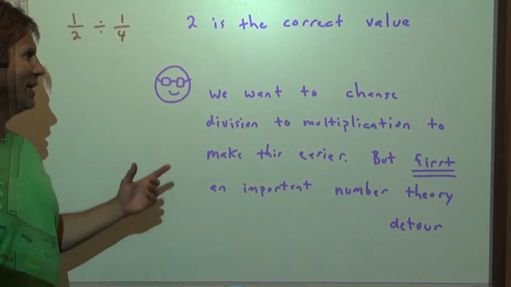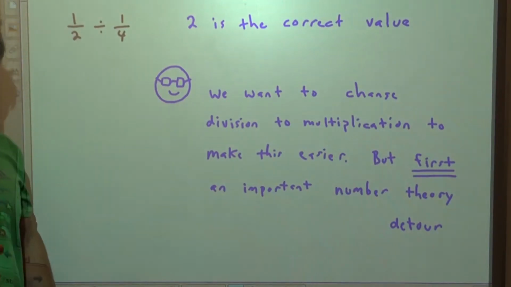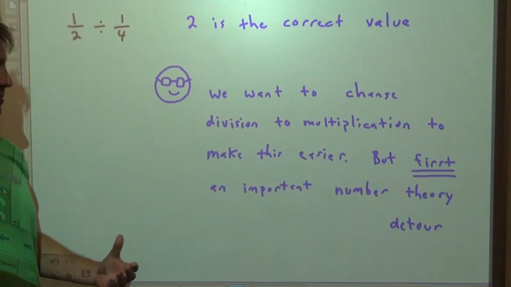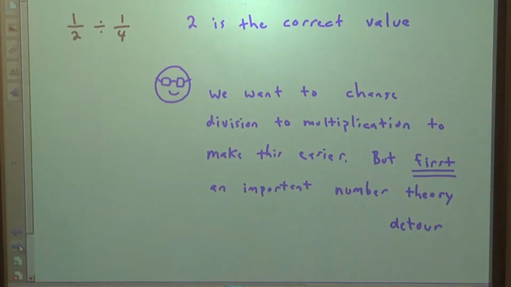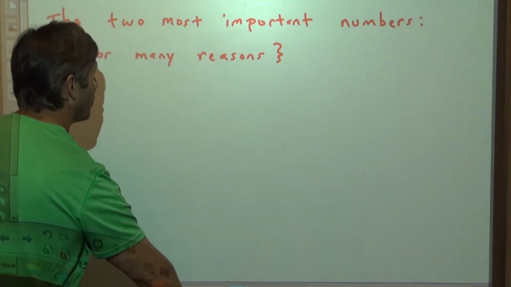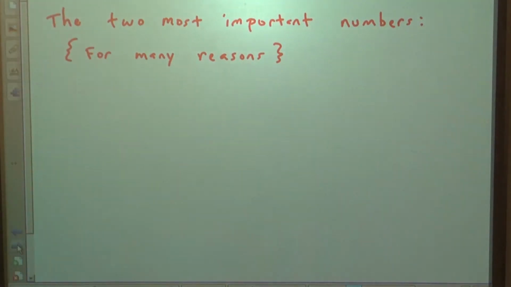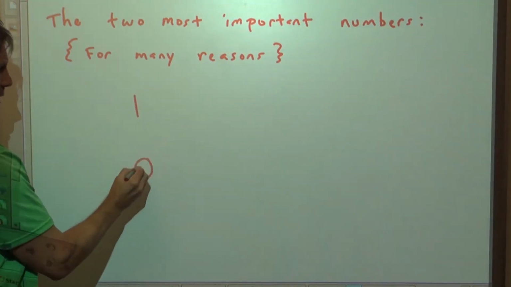This is the nerd. He's telling us that we want to change division to multiplication to make things easier, but first, we want to justify this and look at an important idea in number theory. So we're going to take a detour, and here it is. Now, this is pretty cool. The two most important numbers in all the world, for many, many reasons, are 1 and 0.